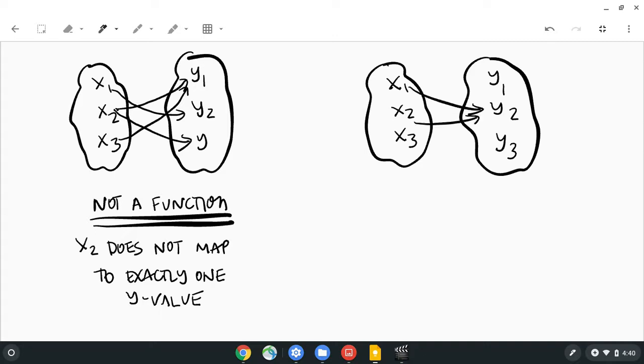So, and suppose that x2 also maps to y2. That's actually perfectly fine as well. Okay, so far, so good. They can go to the same y value. That's fine. Okay, however, suppose we just stop right here. If we stop right here, this is not a function.